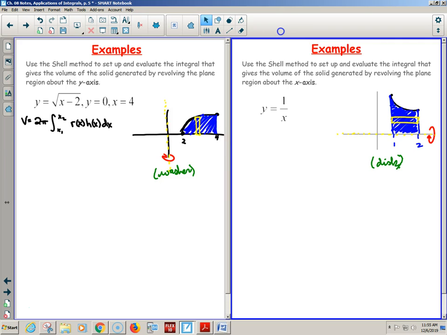Wait, so when, wait, no. Maybe 1 is 0. Wait, when you plug in 1, y is 1. When you plug in 2, y is 1. Oh, no. But that's still just that little top part, not the whole thing.